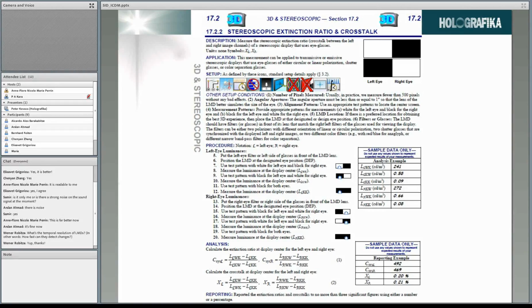And then the same is reported for the other eye. So it looks reasonably simple, I would say, but still it is important that when you are reporting a percentage, or you are reporting it as a number like the extinction ratio, then we know exactly what has been measured and how it has been measured.